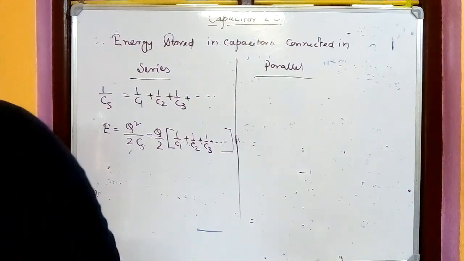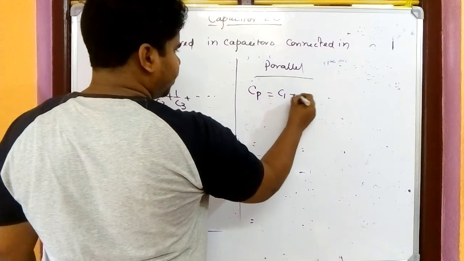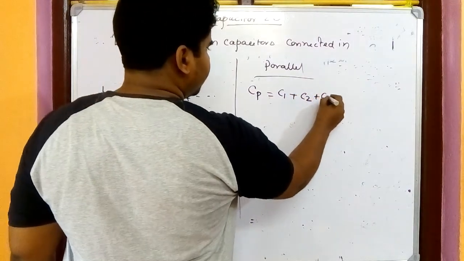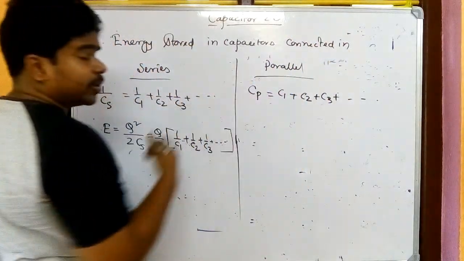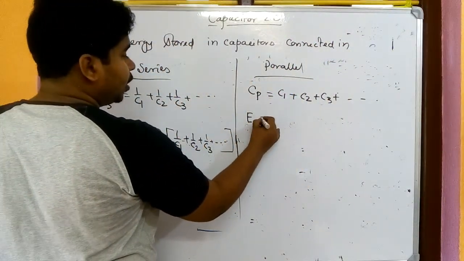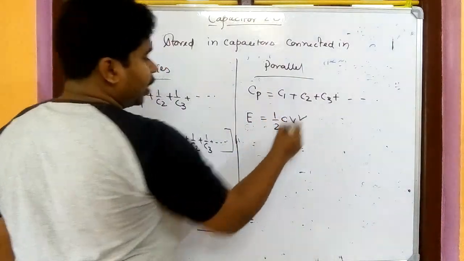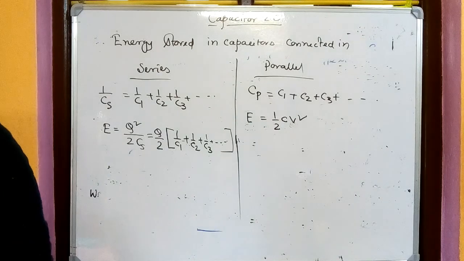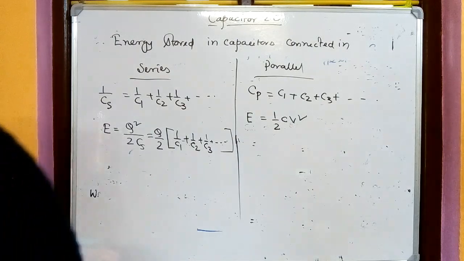Coming to the parallel, here we have Cp equals C1 plus C2 plus C3 plus up to infinity, however many capacitors you can take. If I want to find the energy, E equals half CV square, definitely I will take the equation where C is in the numerator.